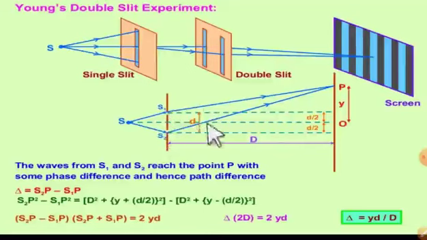So half of it, d by 2, is from the central portion of the screen, where this O is the central point of the screen. Now this distance OP, let's denote it by Y. This is the portion where you will obtain the bright fringe or dark fringe from the central point.